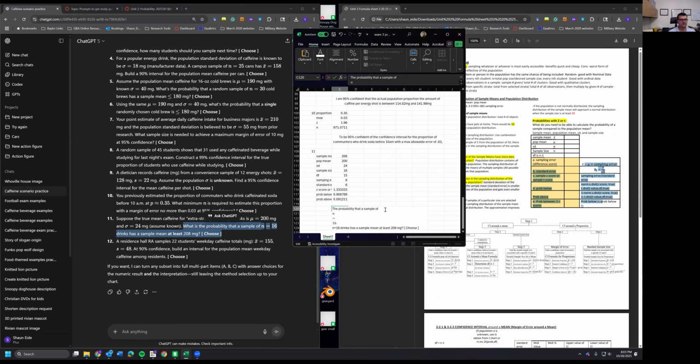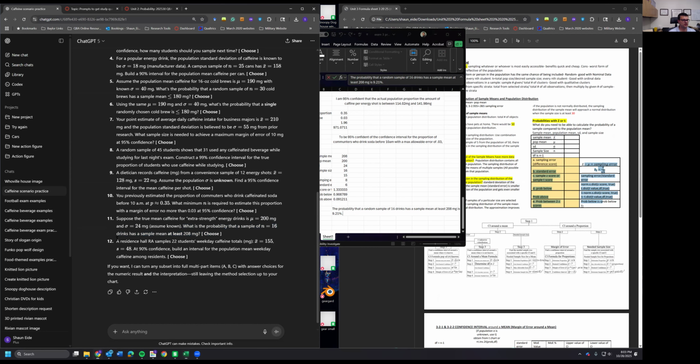The probability that a random sample of 16 drinks has a sample mean of at least 200 milligrams is, what is it? 9.21%.